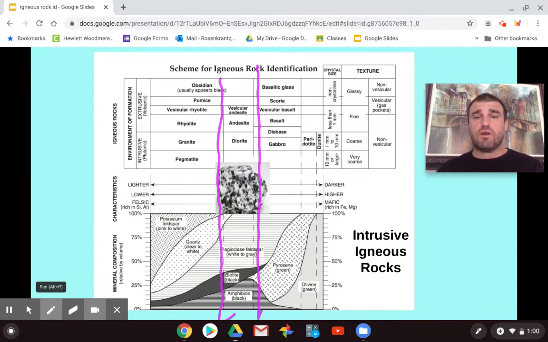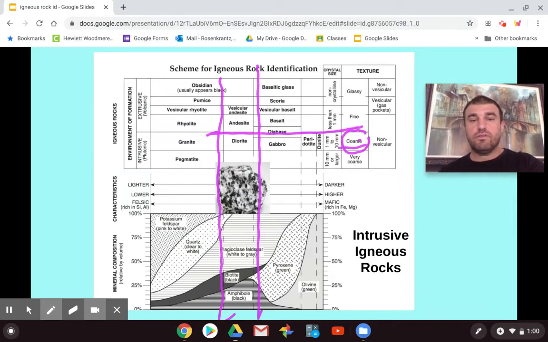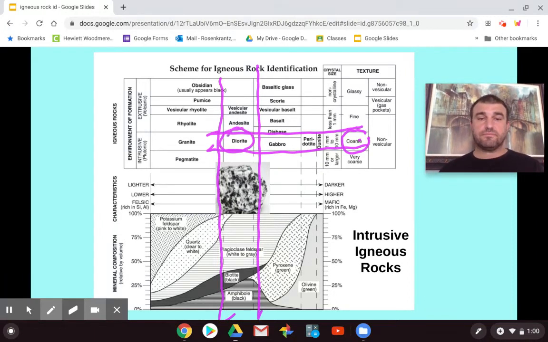So it's one of those rocks between those pink lines. Now, can you see the crystals? The answer is yes. So that means it's coarse. So this rock is diorite. Okay? That is diorite.